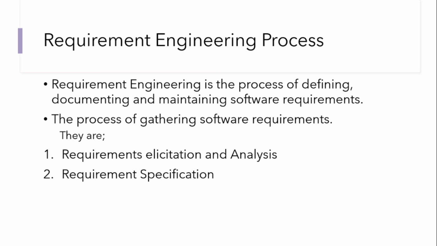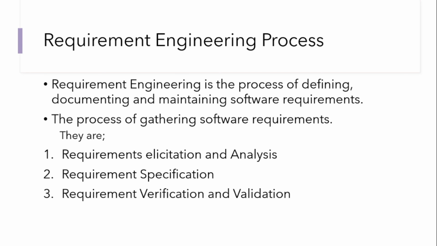The second one is the requirement specification. Here, a formal software model or formal software documentation is produced. After understanding the problem domain, you sit down to formally produce a document about the problem domain or about the requirements the user looks out for.